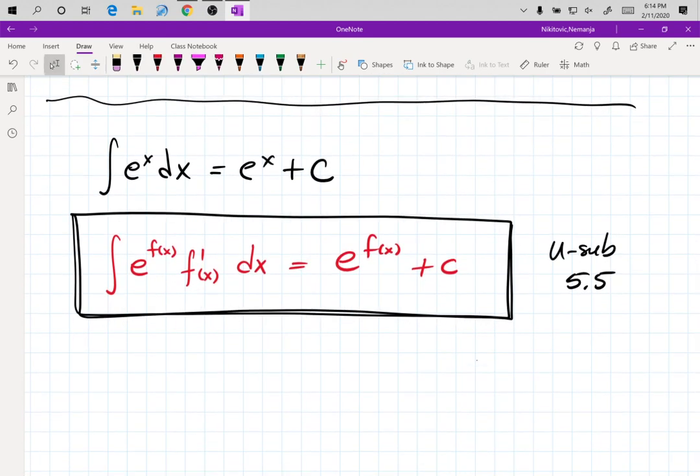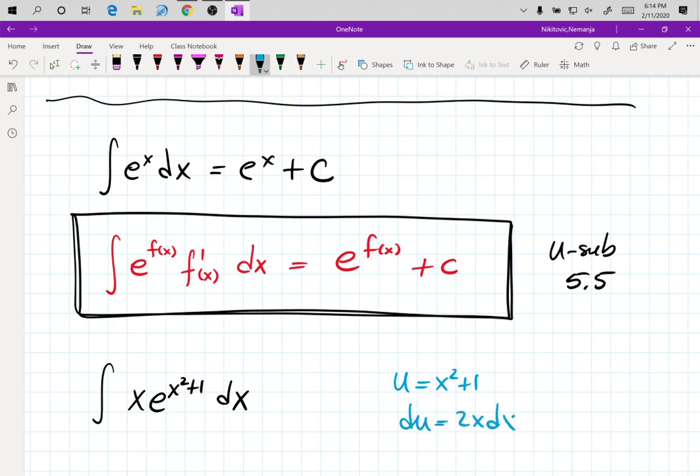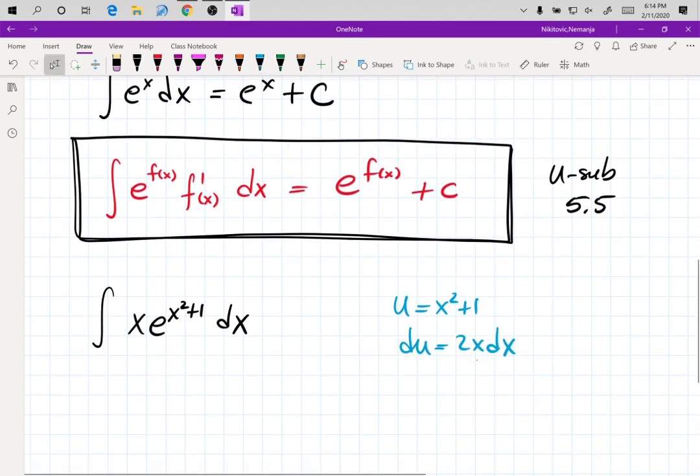We don't even bother with base 10 or any other base. So the integral of x e to the x squared plus 1 dx, you are using u equals x squared plus 1, du equals 2x dx, right? And now you need the 2, so you add in the 2 and the half in front to fix it.